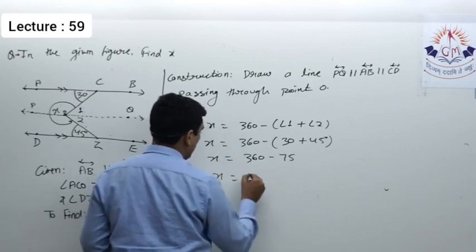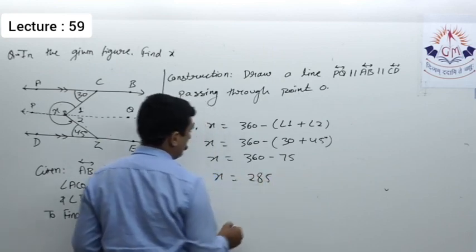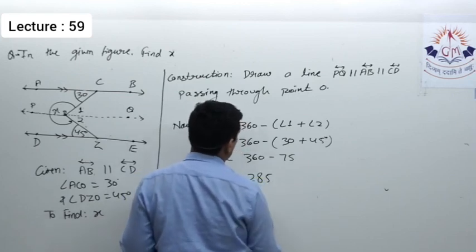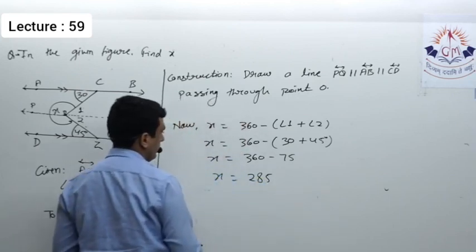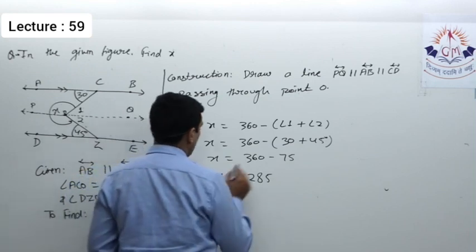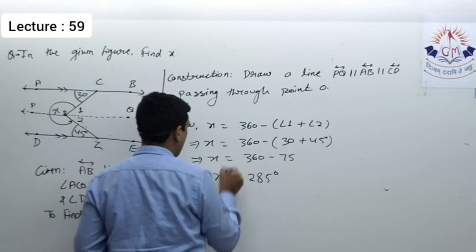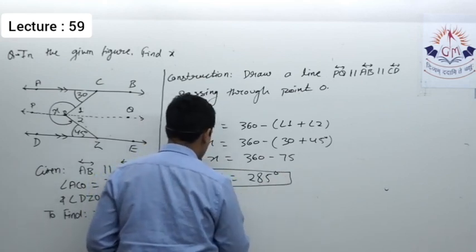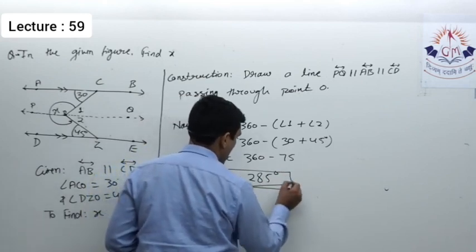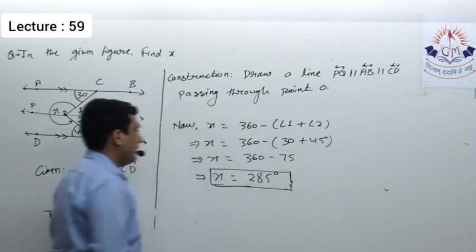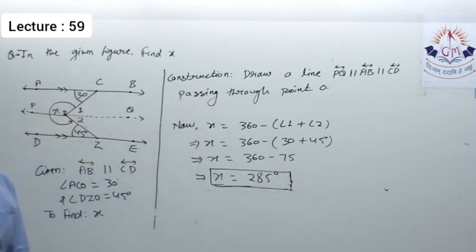So x is equal to 285 degrees. That is the value of x. Okay, so please note it down, then we'll see the next question.